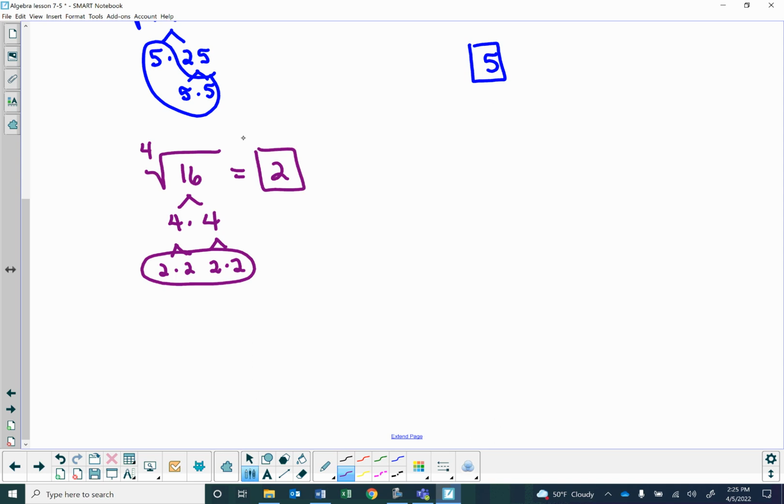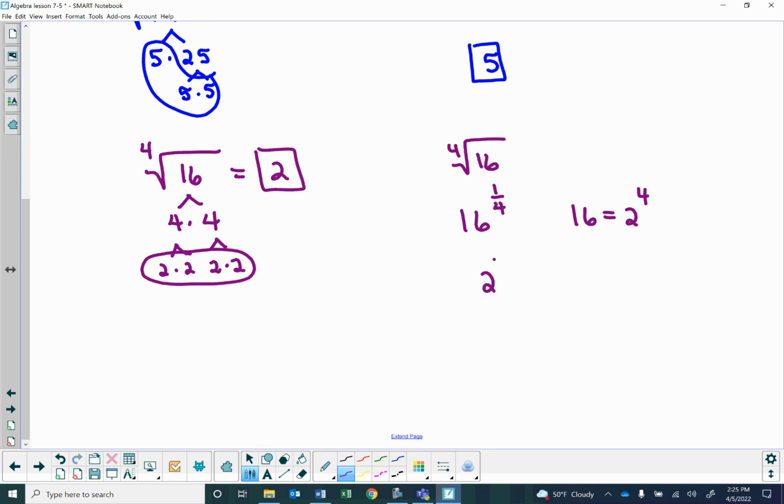In the second method, I'm looking at the fourth root of 16, and I'm going, okay, 16 to the 1/4. And I might say, well, what to the 4th power equals 16? 16 is equal to 2 to the 4th power.